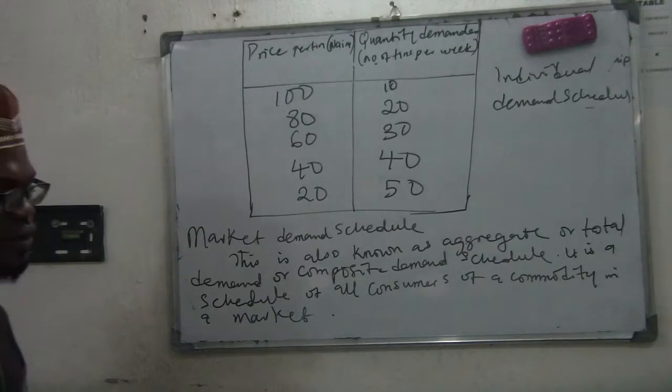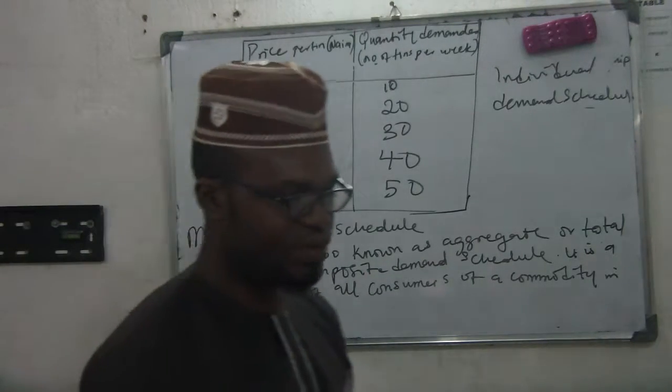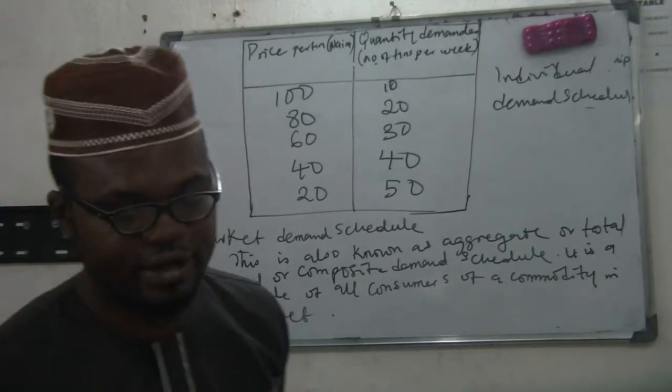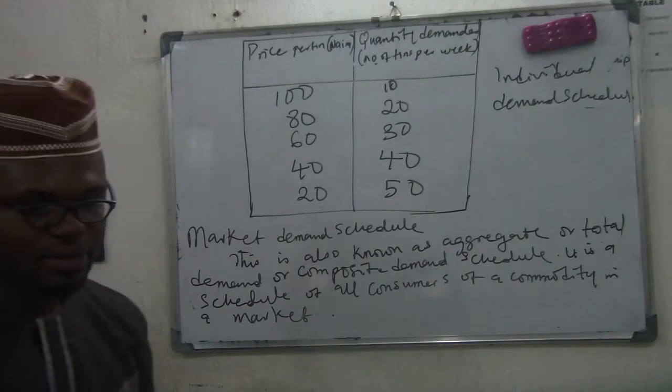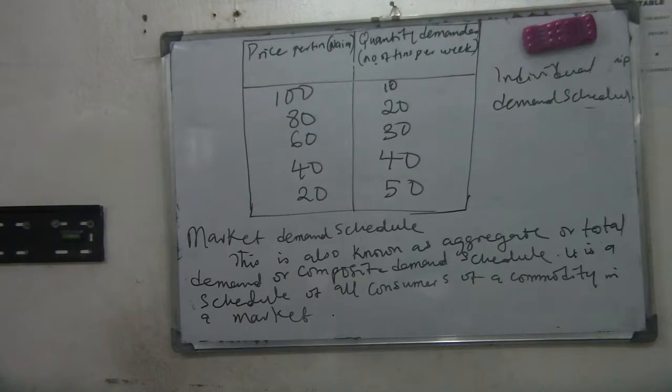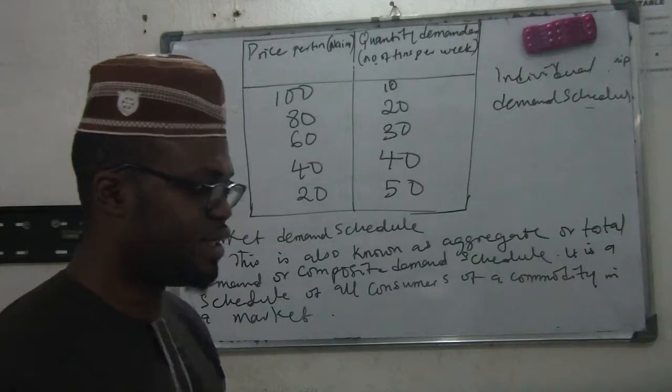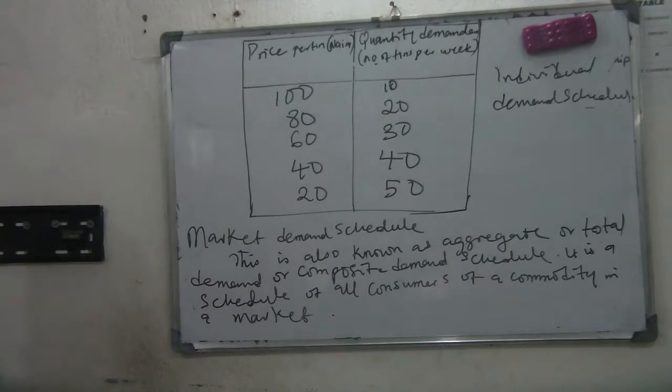So it's a table that shows the relationship between price and the quantity demanded of all the consumers of a particular commodity in the market. So when you finish the diagram, I'll draw the diagram for the market demand schedule.